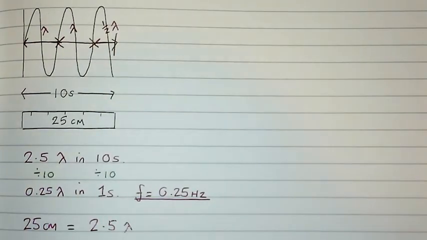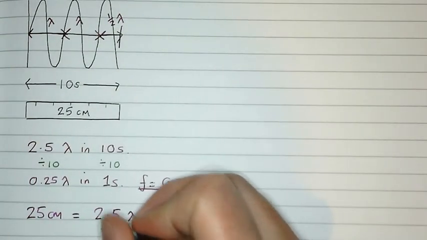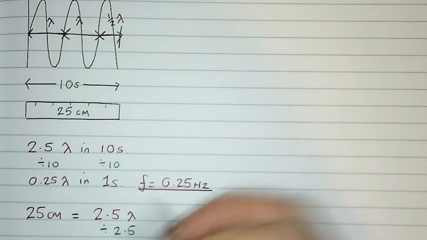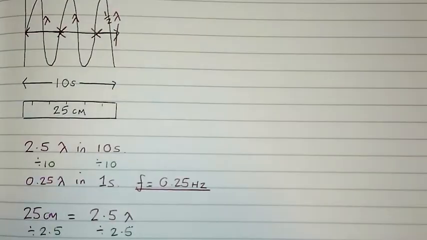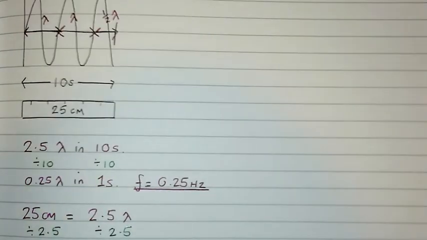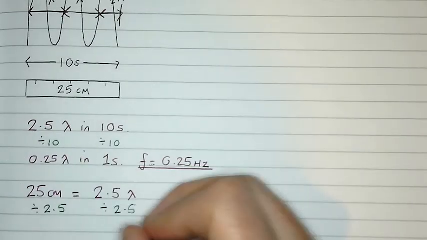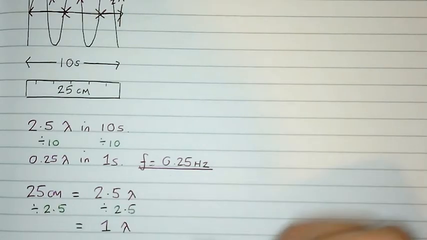I'm just going to move the page up so we can see that. So we're going to divide this by 2.5 to get to 1. Whatever we do to one side, we do to the other. So we're going to divide that by 2.5. And if we do that, 2.5 divided by 2.5 is 1 wave, which is what we want because we want 1 wavelength.